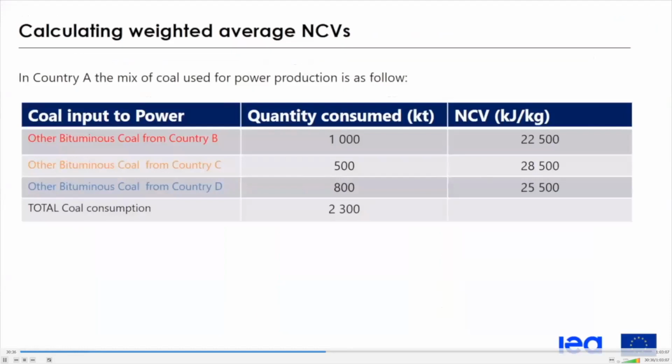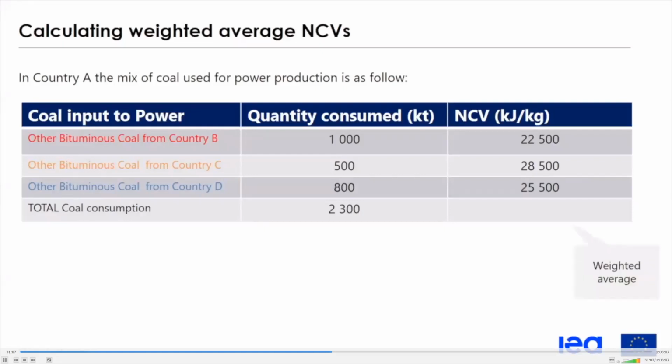As I told you before, the weighted average for calorific values is important to be made when you are working on coal, because of the real variation you can encounter depending on the source of the coal you are checking. So here is a little example of a calculation in a country that uses a mix of coal coming from 3 other countries.